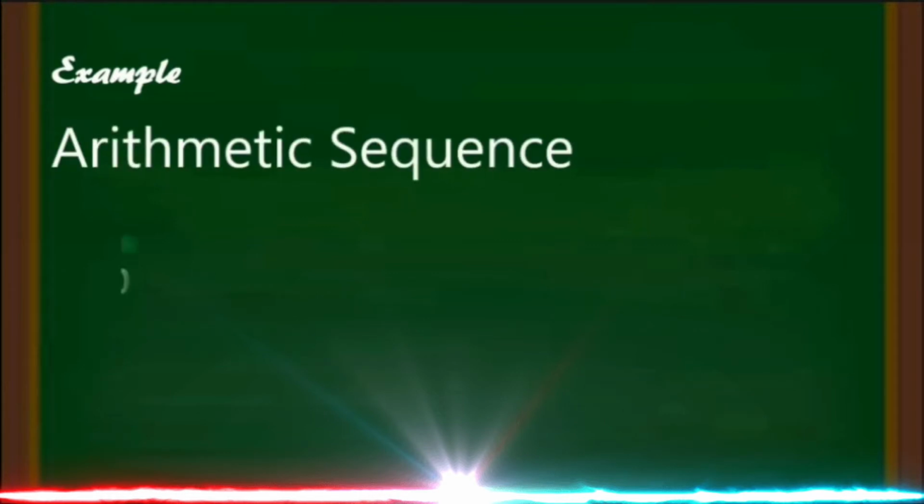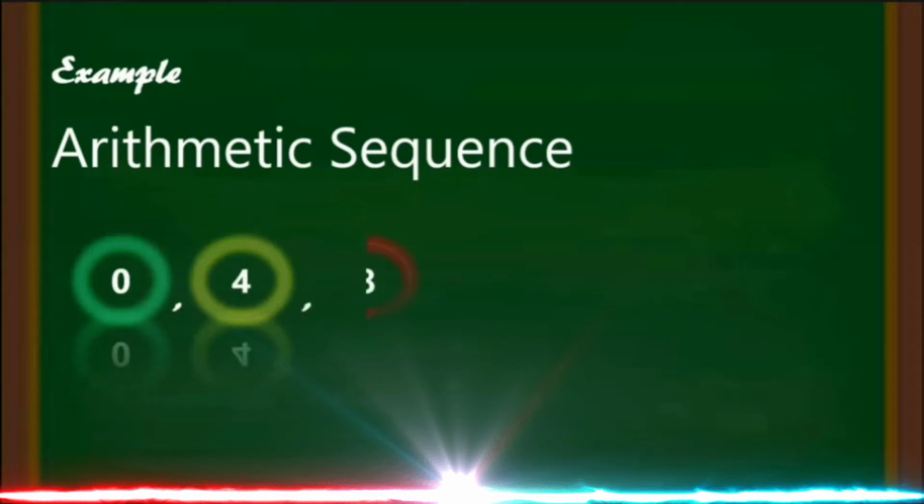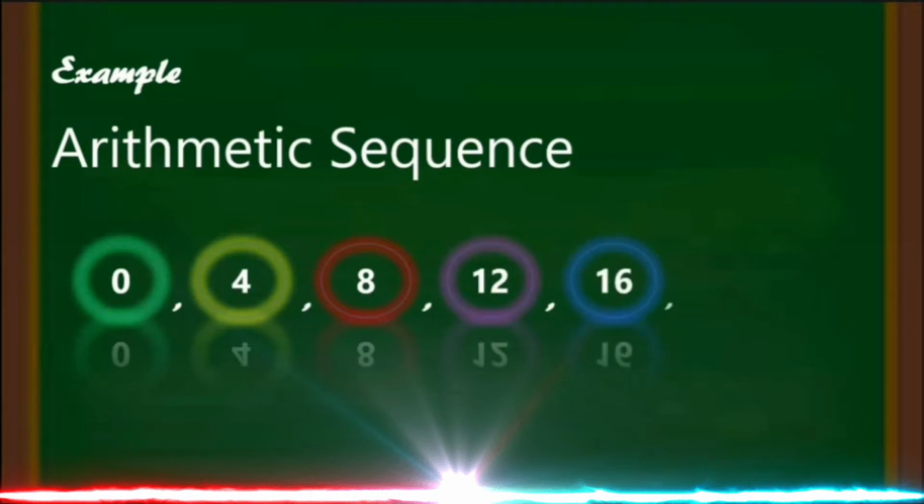An example of an arithmetic sequence: 0, 4, 8, 12, 16, and 20. That is an example of an arithmetic sequence. Now, question.